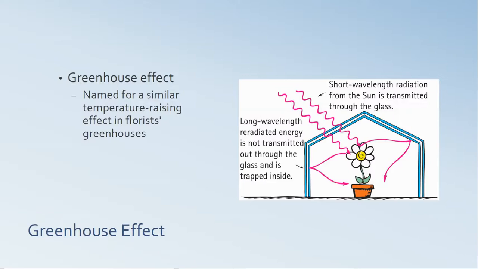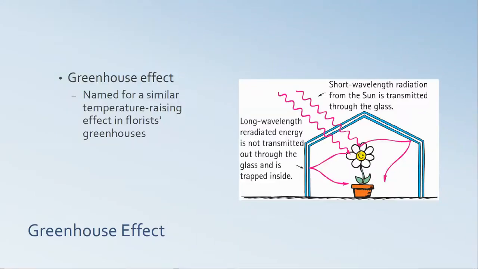The way this happens is the short wavelength radiation from the sun can get through the glass walls and ceiling of the greenhouse, and then the radiation is absorbed by the plants and the soil and tables and things inside the greenhouse. But remember, the objects inside the greenhouse also radiate energy, but they're going to radiate it at a much longer wavelength. And this long wavelength, as we can see in the picture, is unable to get back through the glass. So it's reflected back into the greenhouse.